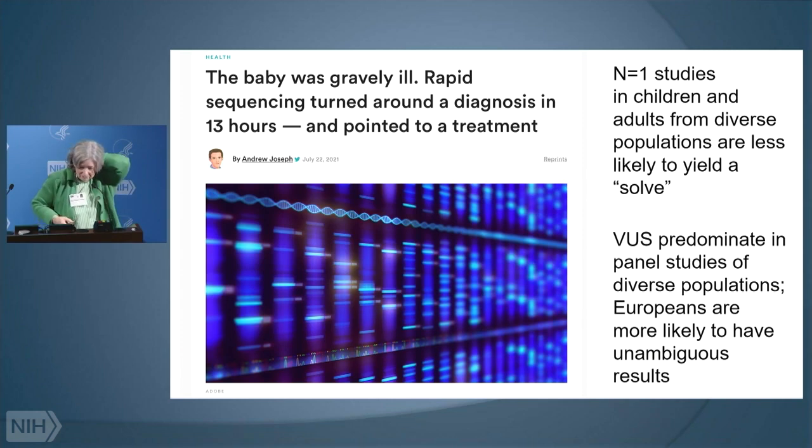And so this makes it the case even now that in N-of-1 studies in children and adults from diverse populations, we're less likely to get an unequivocal solve. We're more likely to be dealing with variants of unknown significance. And that will be the case for some time yet.